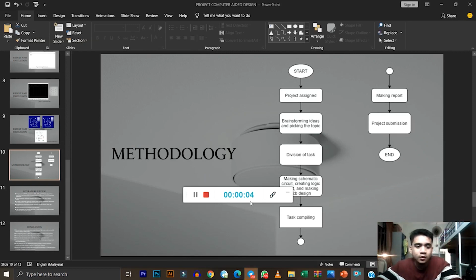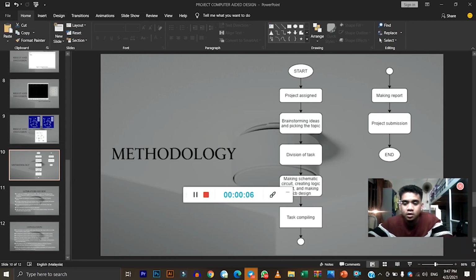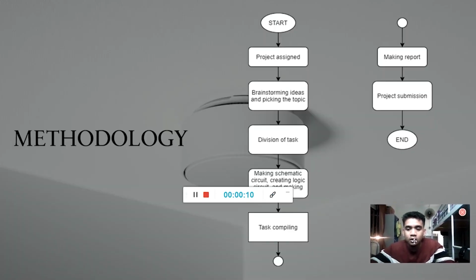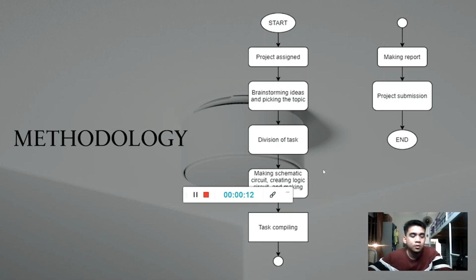Right now I'm going to present to you about our Computer Aided Design group project methodology. For the methodology, we start with a block diagram: start, then the project assigned from the lecturer, brainstorming ideas and picking the topic.